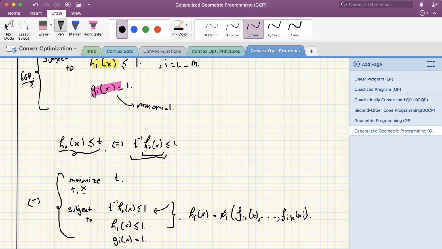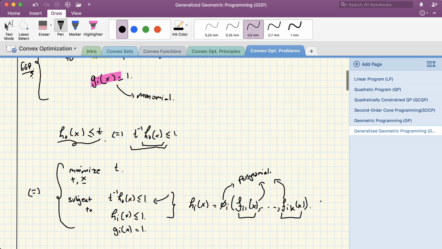So we're seeing one polynomial as a composition through a polynomial function, which is phi i, of simpler polynomial functions. Each one of those is also a polynomial, right? So when I say this is less than 1, what does that mean? Could we express this in a different manner?